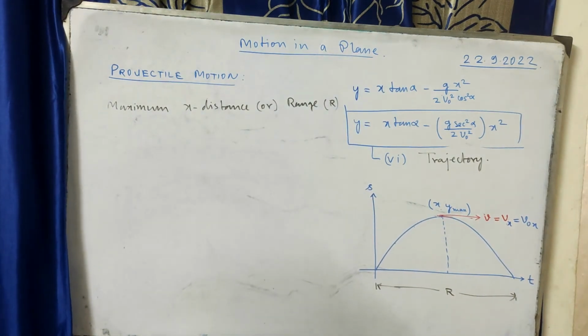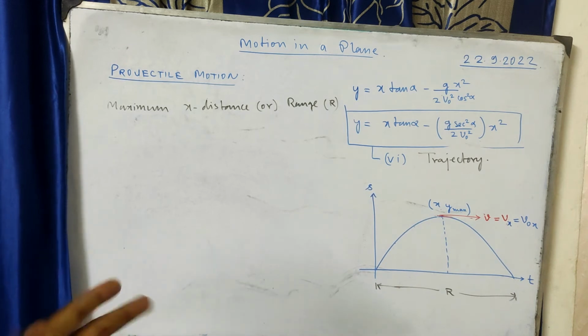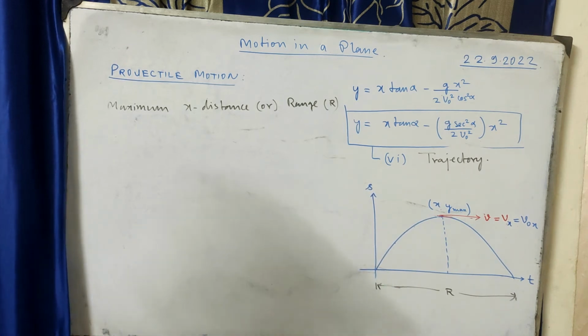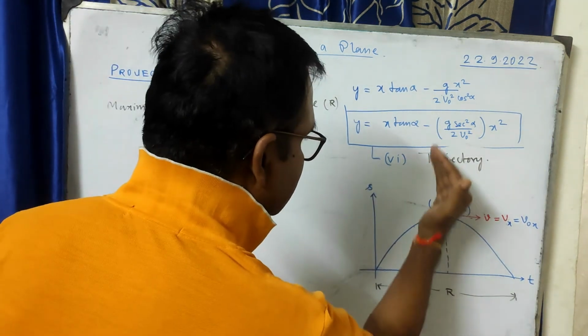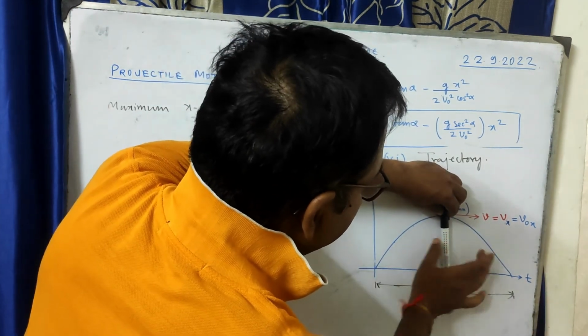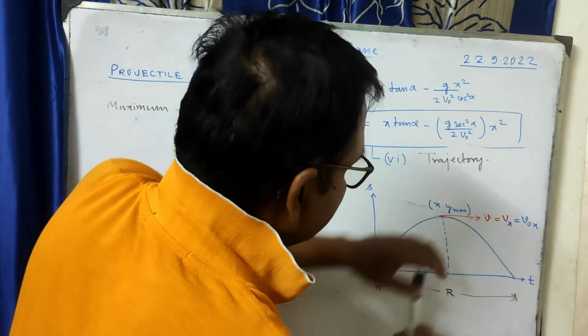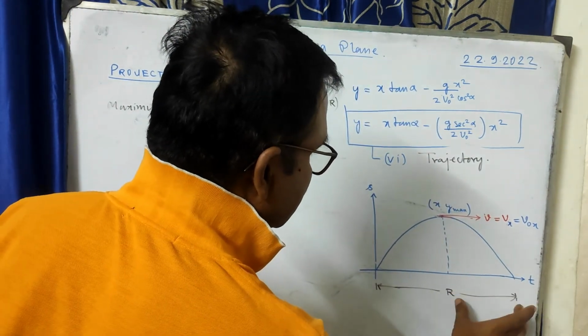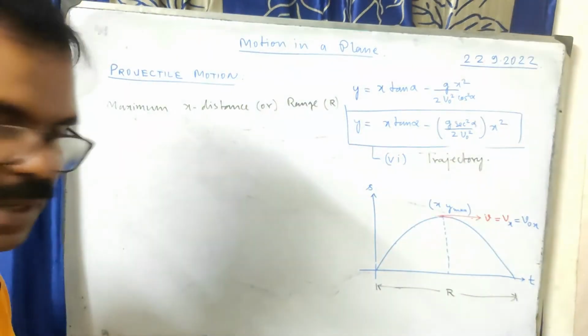Got it? So I know the velocity and I have to find out the time also; we have found it already, isn't it? So that time we will make use of here. Now if you notice, this is symmetric about this axis, right? Left hand side is equal to right hand side, same shape, just a mirror image. So this distance will be equal to this distance, am I right?